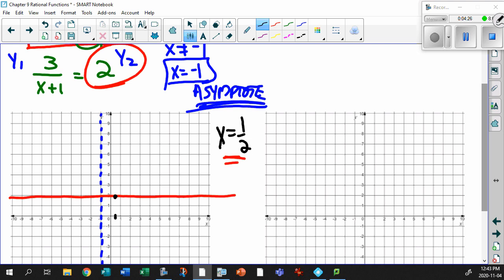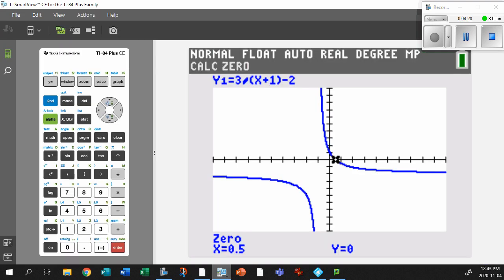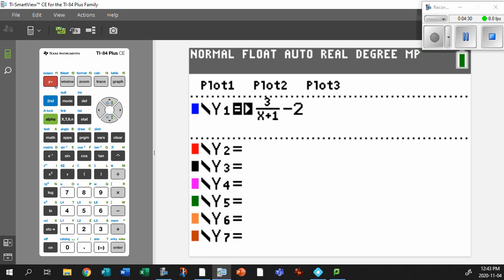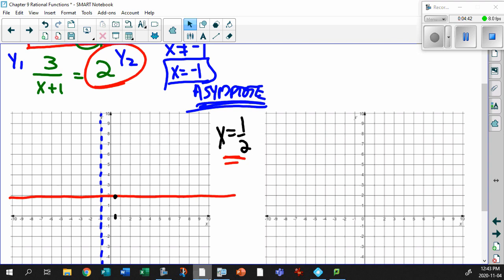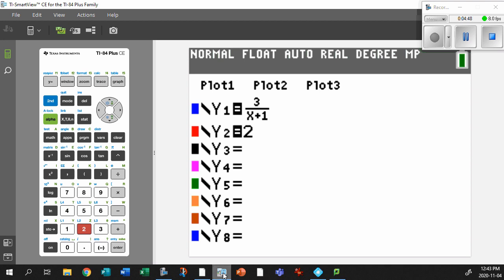Okay, so now let's go back to our calculator. Let's go back to our y equals. I'm going to get rid of this -2 here, so I'm just going to mouse over and grab it and go delete, delete. And I'm going to put my 2 down here just so that matches what I solved. Okay, so there's my y1, y2. Now it's set up perfectly.